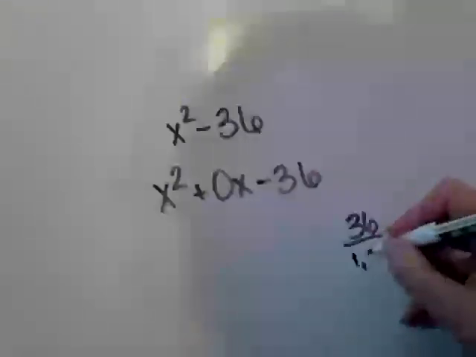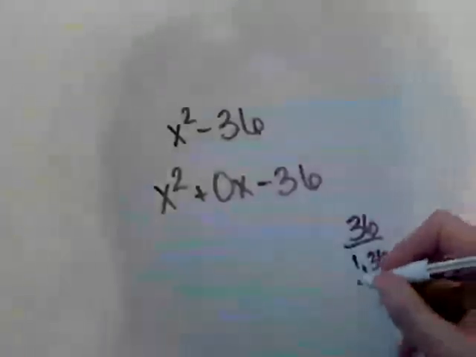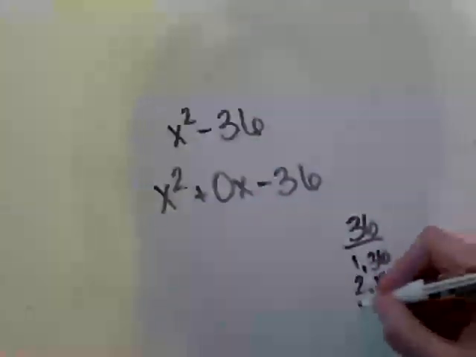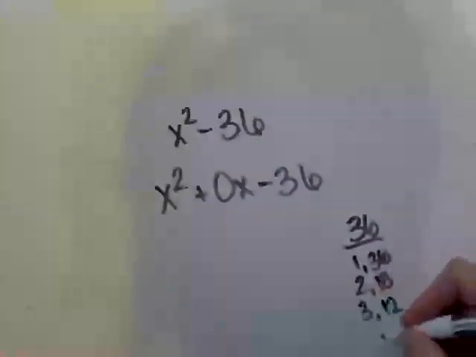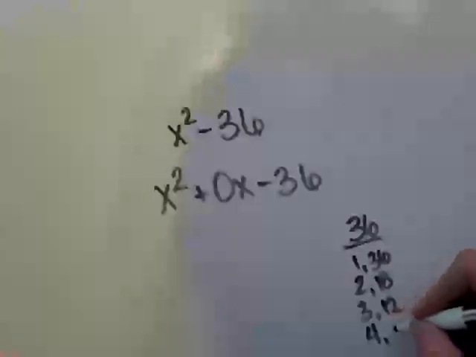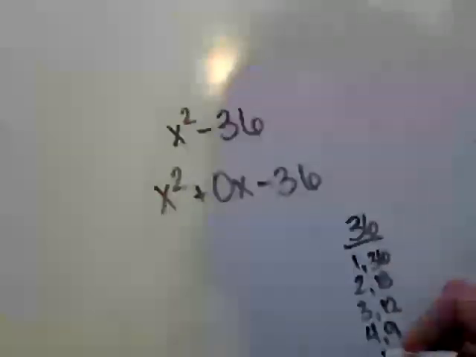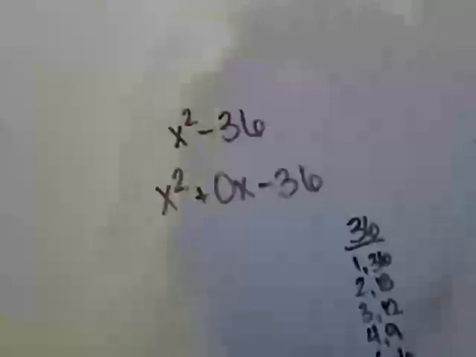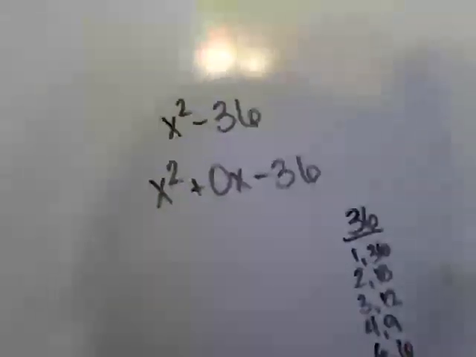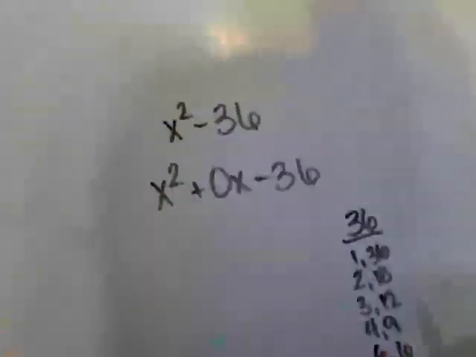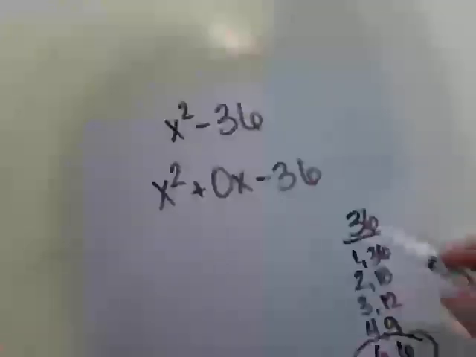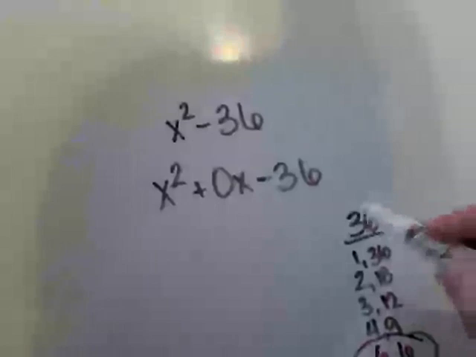So I'm going to make a list of my factors of 36. All right, there's all my factors. Well, the only pair that can combine to give me 0 would be 6 and 6. 6 times 6 is 36 because 36 is a square number.